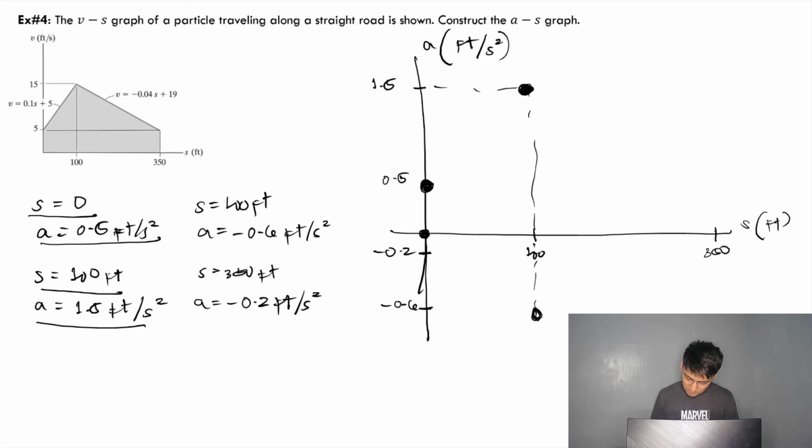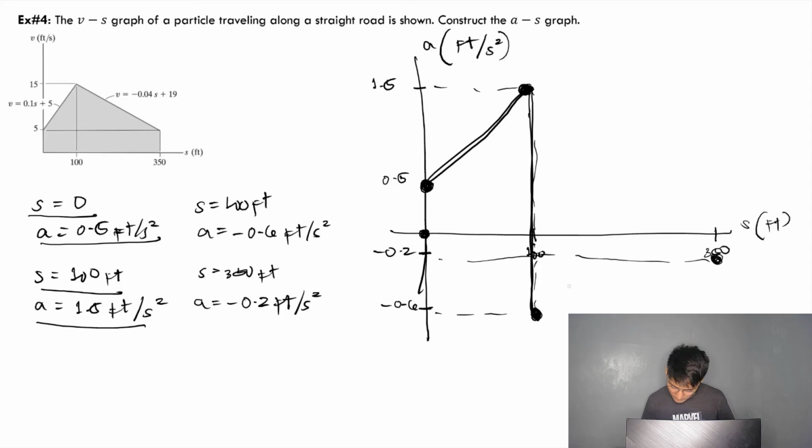Ito siya. And finally, kapag yung position natin is at 350 feet for the second motion, meron tayong negative 0.2 na acceleration. So, ipa-plot na natin. We have, ayan, paganyan. And bababa siyang paganyan. And finally, paganyan.